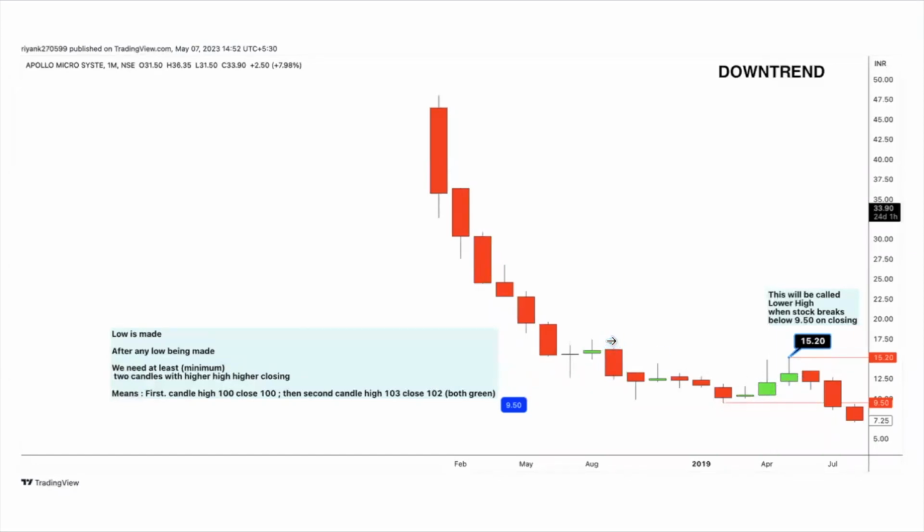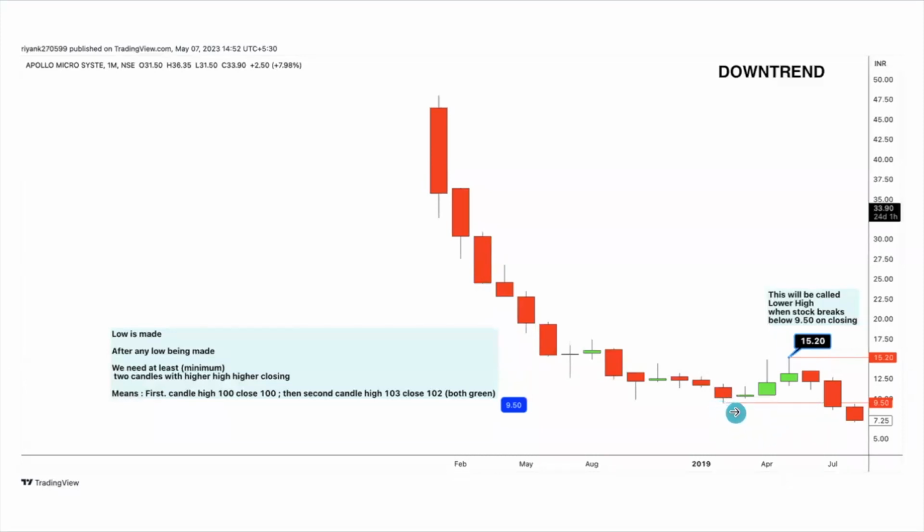Now the meaning of higher high, higher closing is that, let's say, कि जो पहली वाली green candle है, let's say the first green candle has a high of 100 and a close of 100, and the second candle has a high of 103 and a close of 102. So जो second वाली green candle होगी ना, उसका high should be more than the first वाली candle का high, and second वाली candle का close should be higher than the first वाली candle का close. So we need at least 2 higher high, higher closing green candles after a low is made.